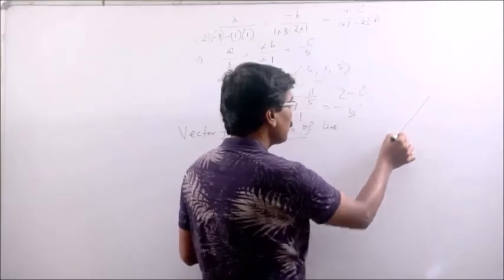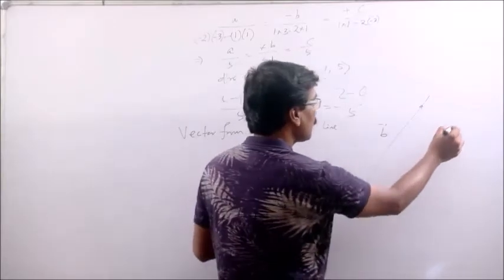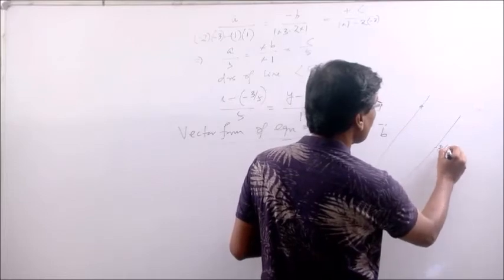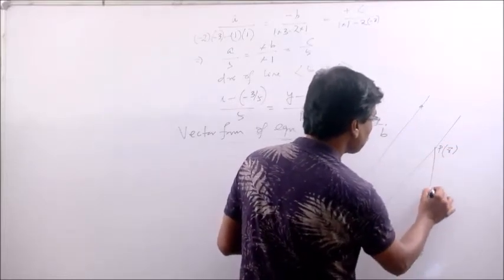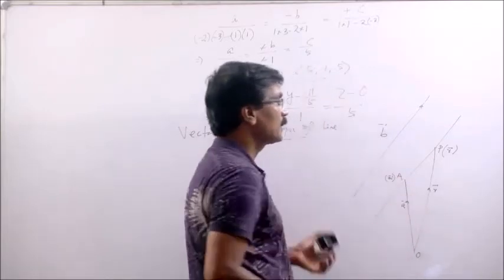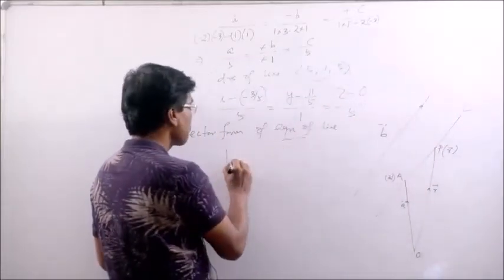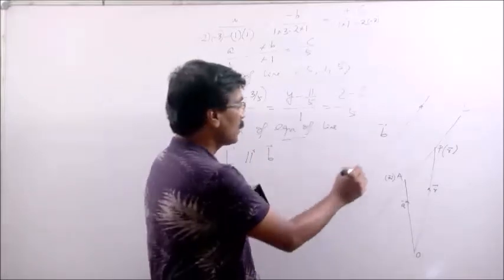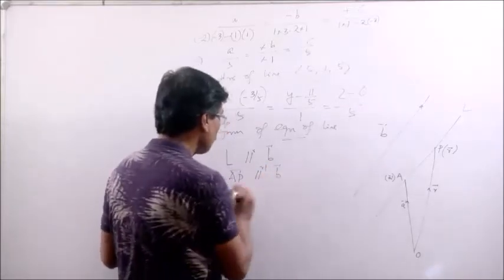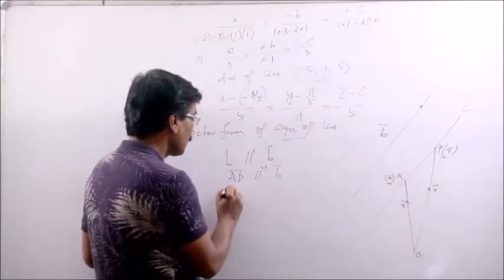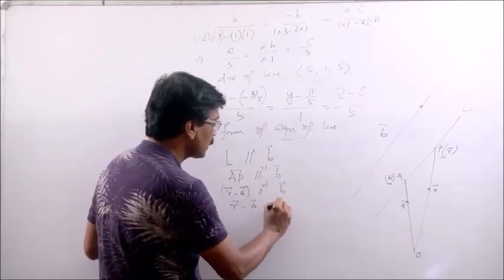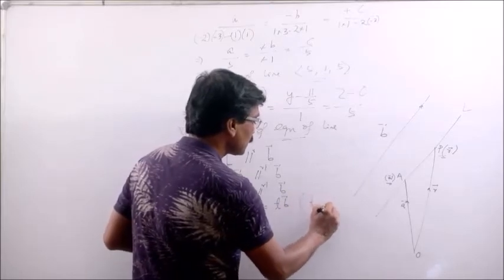Suppose B is any vector and a line is parallel to it having a point P whose position vector is r, and A be any other point whose position vector is A. So the line L is parallel to vector B. So AP is obviously parallel to B vector, and AP vector is equal to position vector of P minus position vector of A, that is r minus A is parallel to B vector, that is r minus A vector is some constant t times B vector, where t is a scalar.